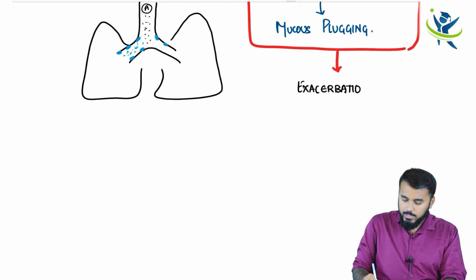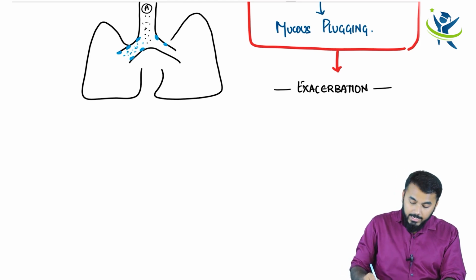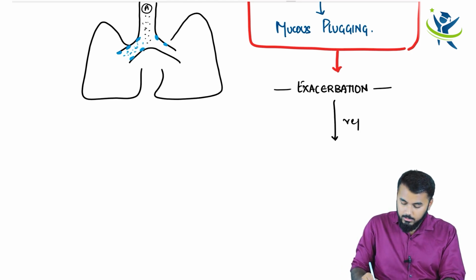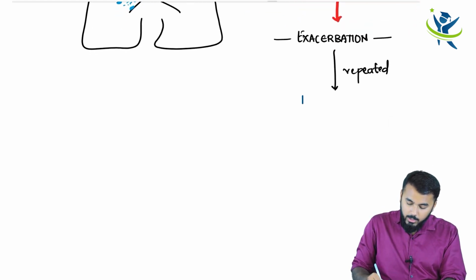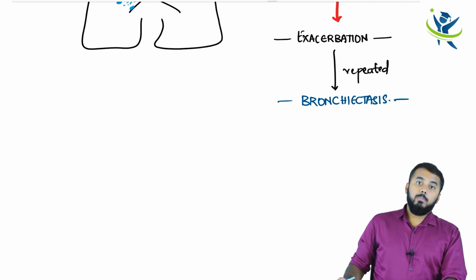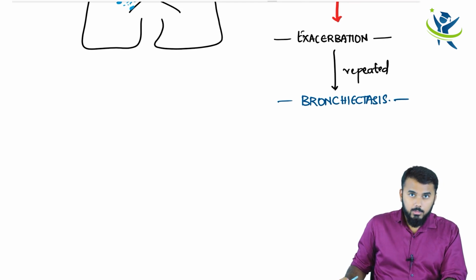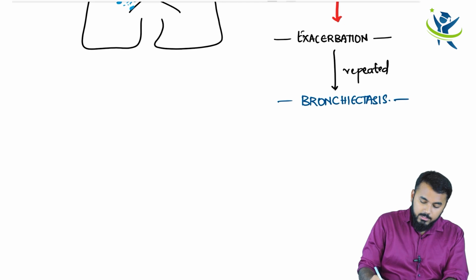But if I say repeated exacerbations in these patients, that would lead to a condition called bronchiectasis. I hope all of you know what bronchiectasis is, right? Permanent and abnormal dilation of your airways is called bronchiectasis. Now, what will be the symptoms in these patients?